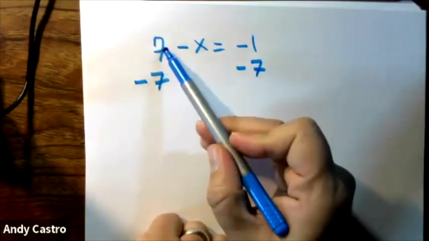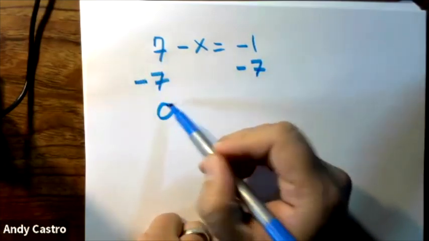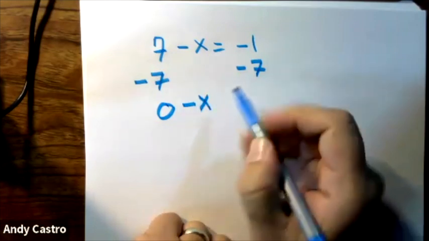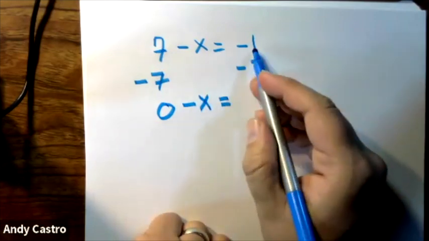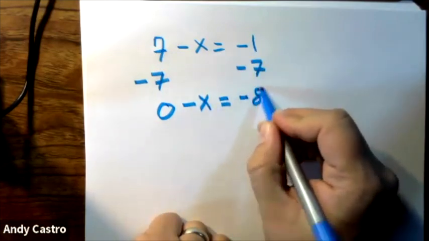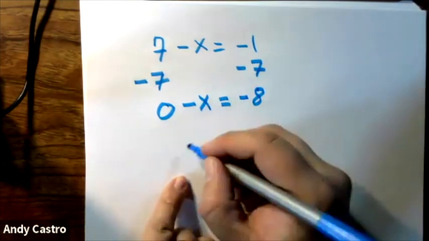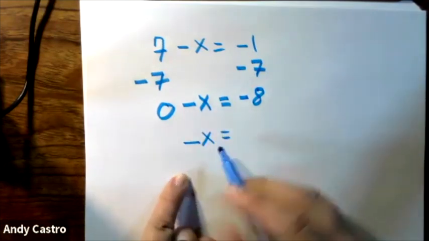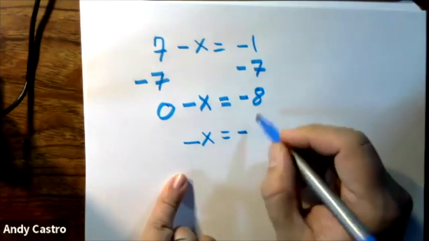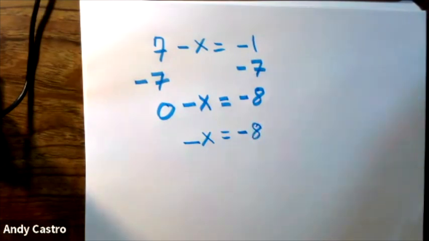Okay? 7 minus 7 is 0. And I'm left with minus x is equal to -1 minus 7, which is -8. So I have 0 minus x. That leaves me with a negative x, or the opposite of x, is equal to -8.